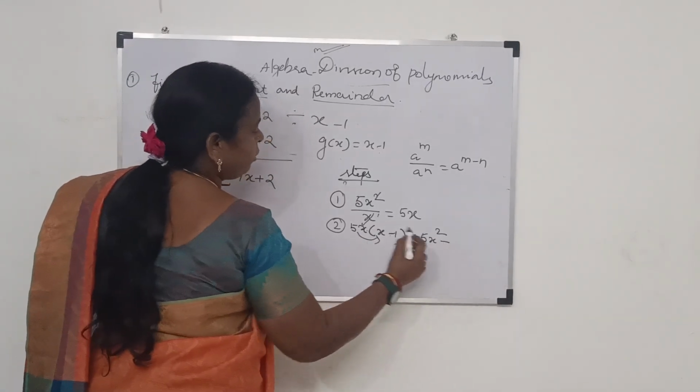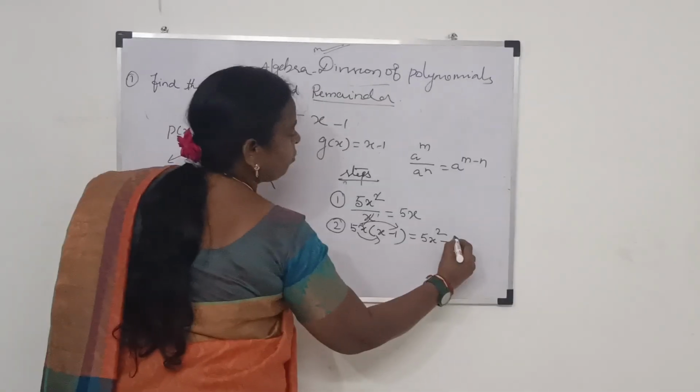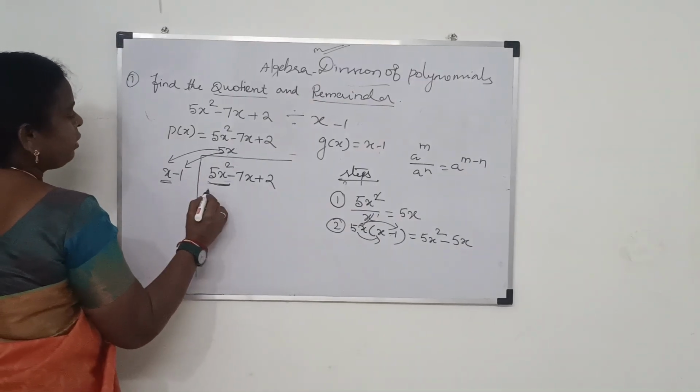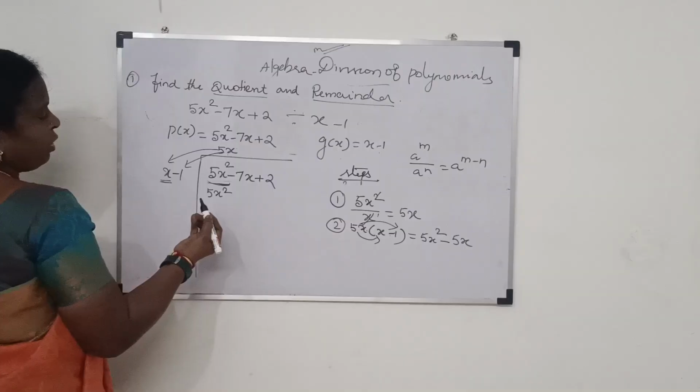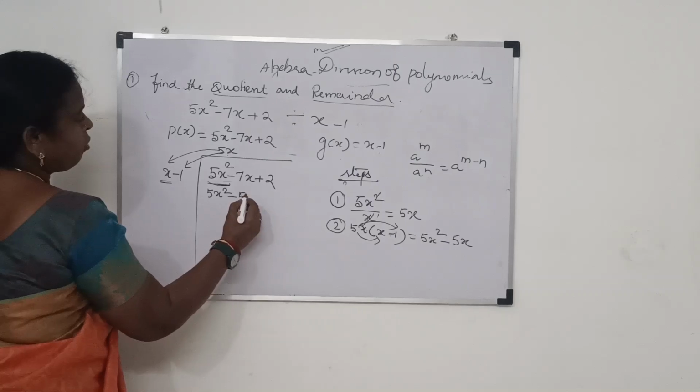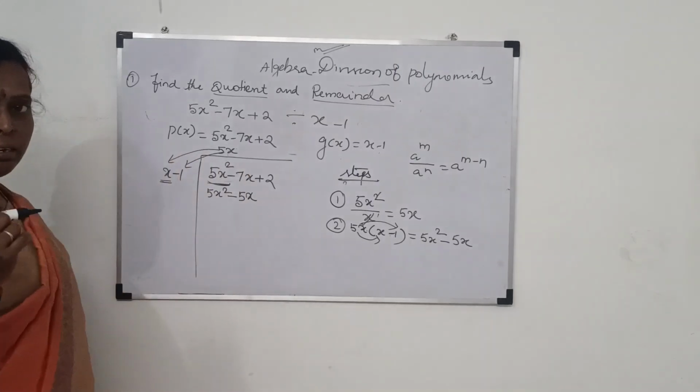So 5x into x, 5x square, and 5x into minus 1 is minus 5x. So 5x into x is 5x square, plus here minus 5x.